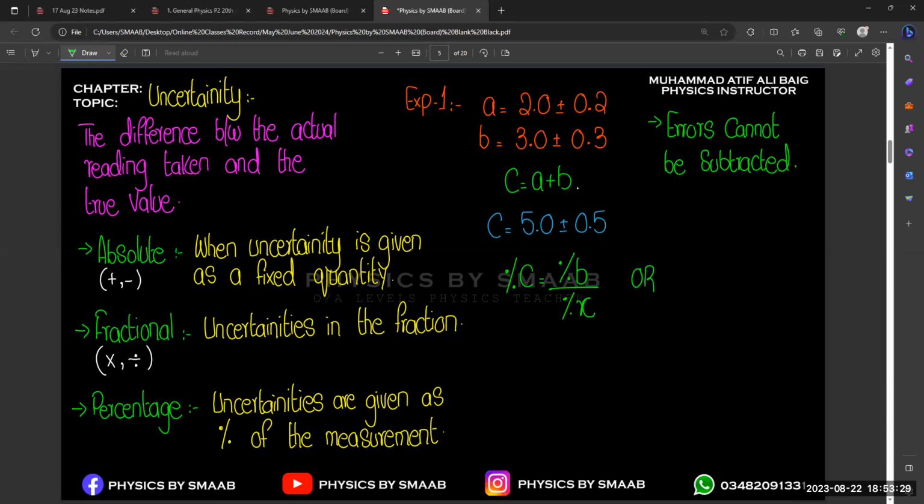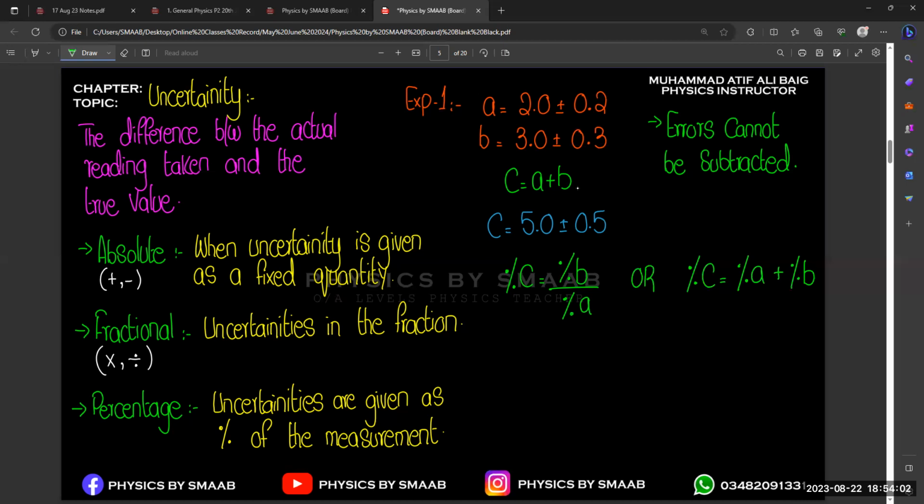Or we can also say that, let's suppose if we are adding them, we are actually adding the percentage error of both quantities. Okay, this is A. So either we take the fraction form, because that is the type of uncertainty that is already there, and the third one is uncertainty.